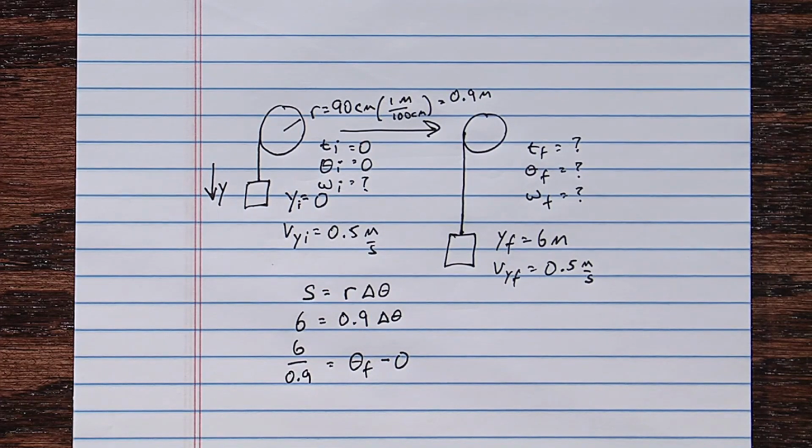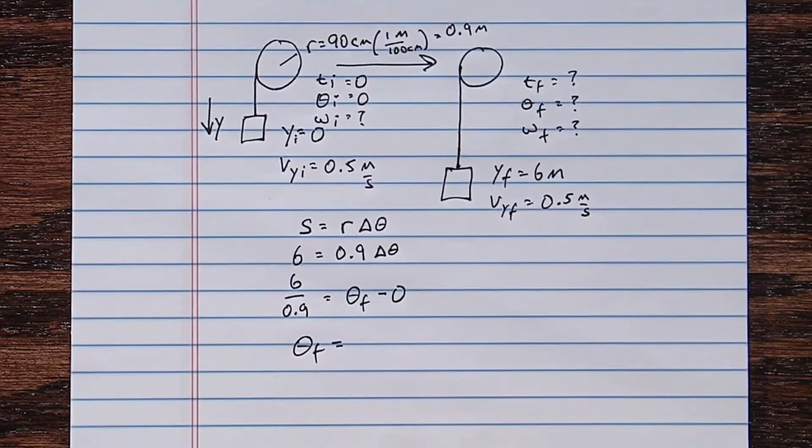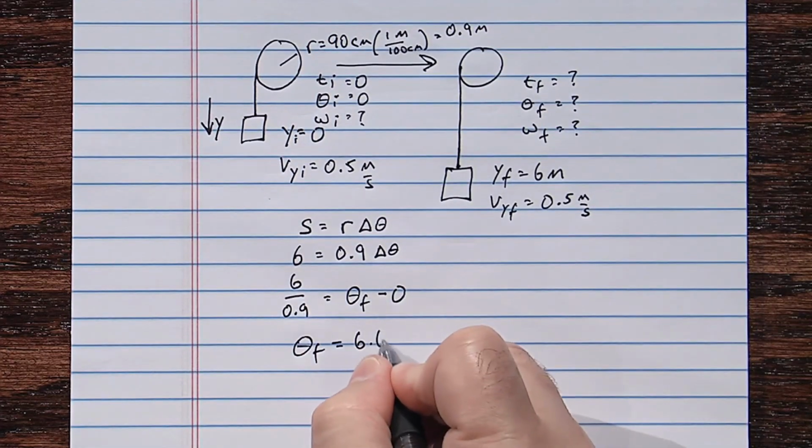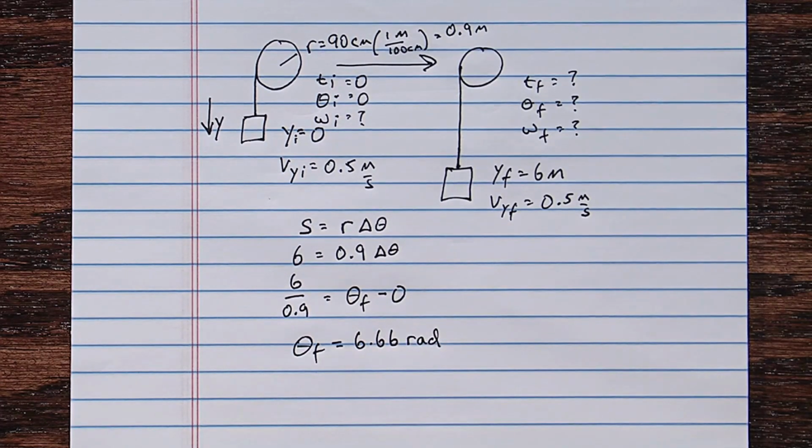And that tells us that theta final is equal to 6 divided by 0.9, or 6.66. Theta final is equal to 6.66 radians, which is almost what we're asked for.